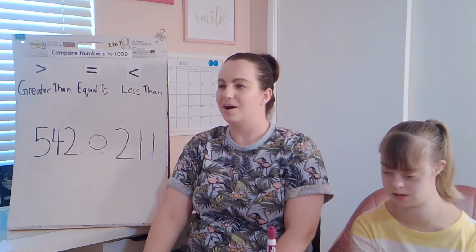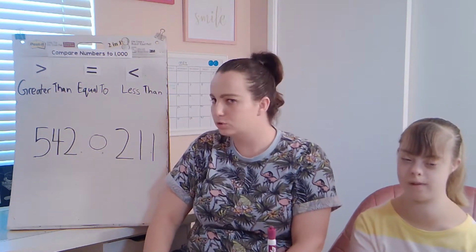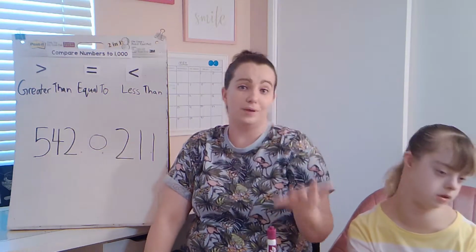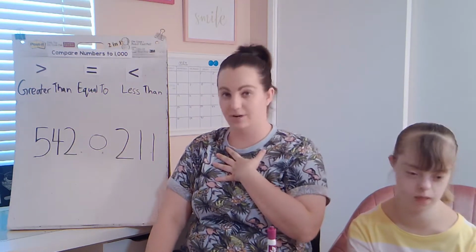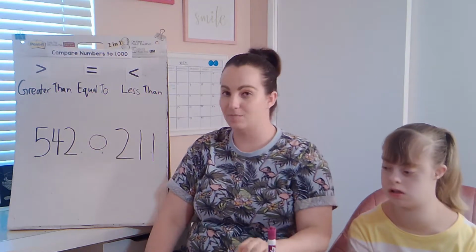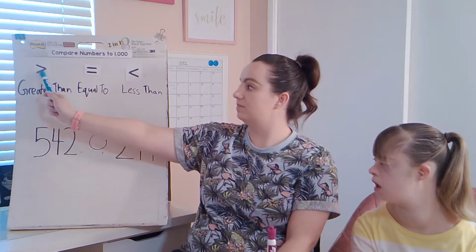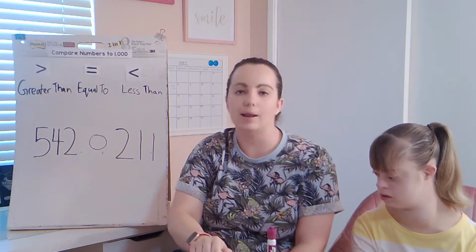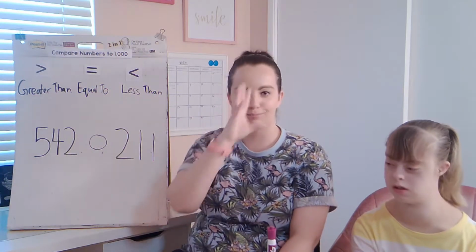Now I might be like, okay, these are some cool symbols, but I'll be honest, sometimes I even forget which way they go. So, a way that I really like to remember it is you think of this as like a little alligator's mouth. Chomp, chomp, chomp.